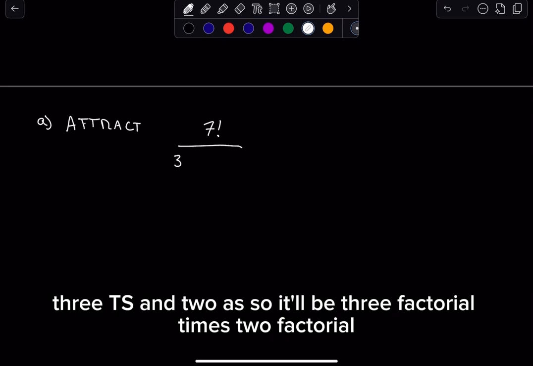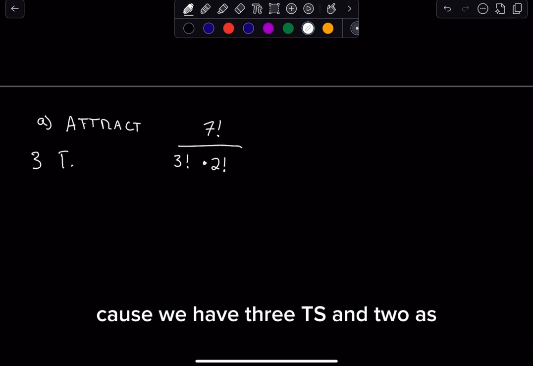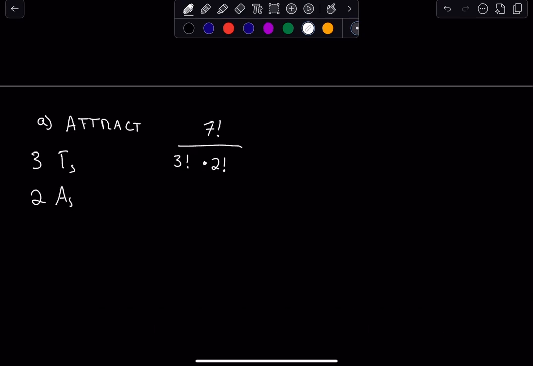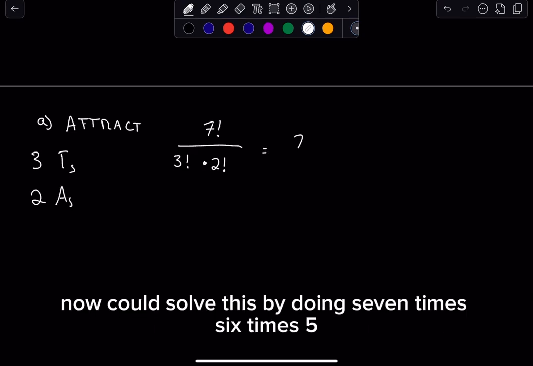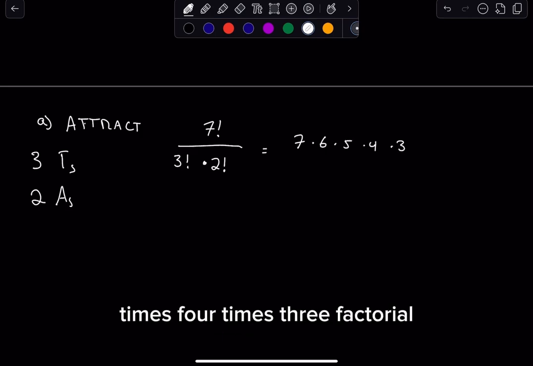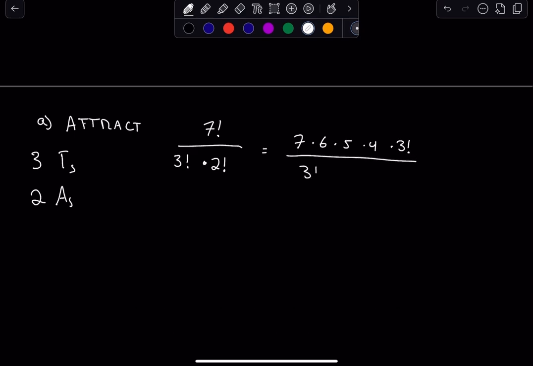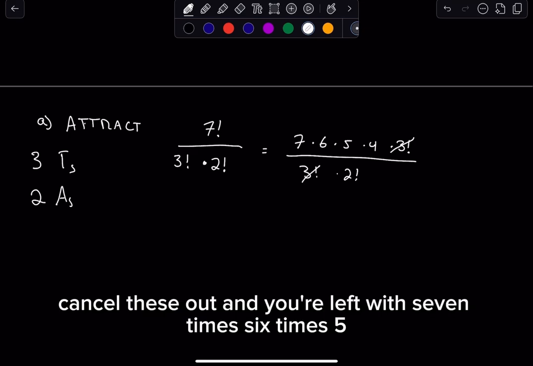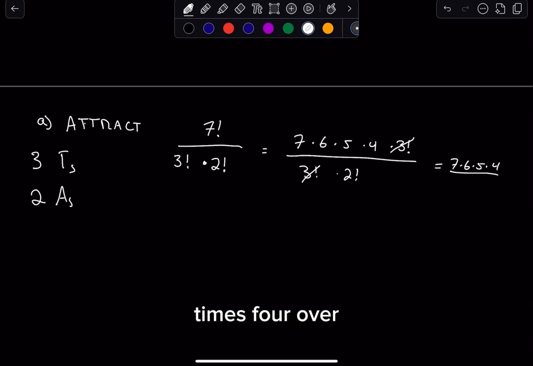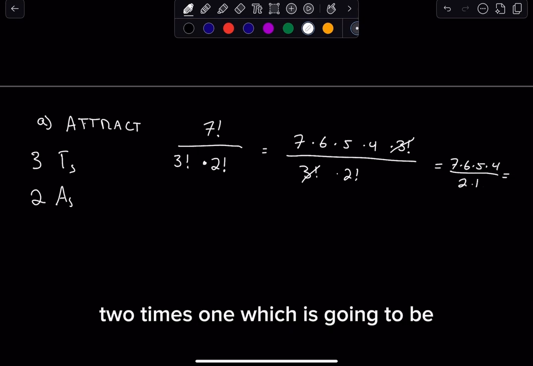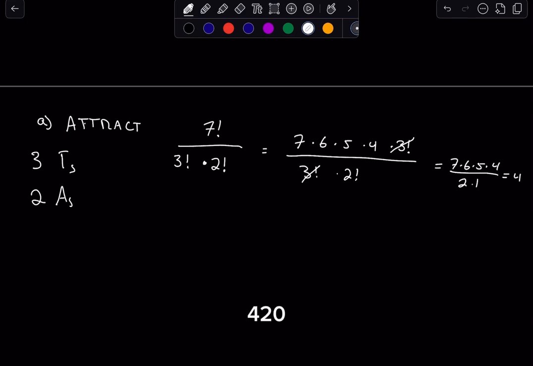So it'll be 7 factorial over 3 factorial times 2 factorial, because we have 3 t's and 2 a's. Now, we could solve this by doing 7 times 6 times 5 times 4 times 3 factorial. Cancel these out, and you're left with 7 times 6 times 5 times 4 over 2 times 1, which is going to be 420.